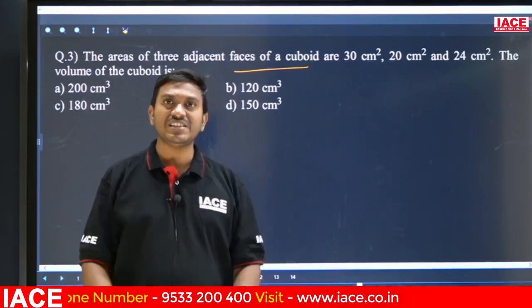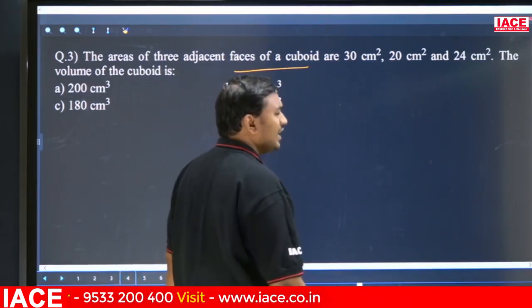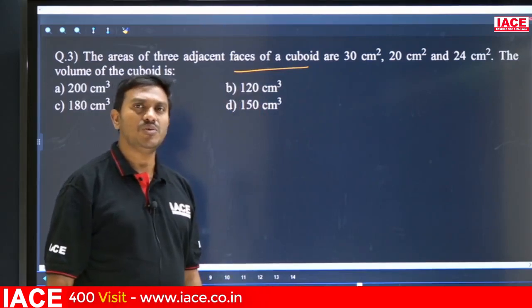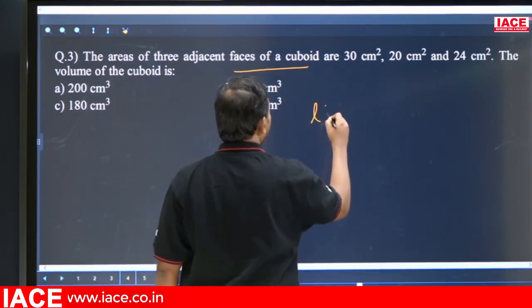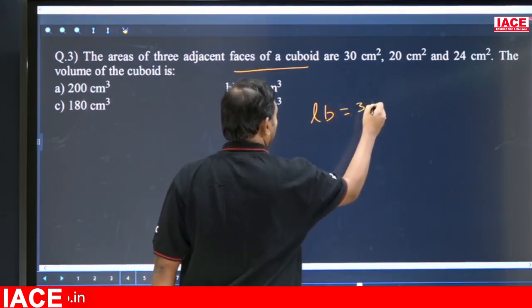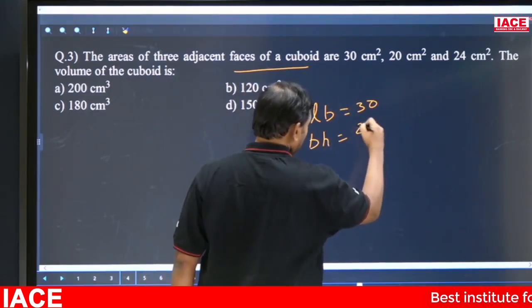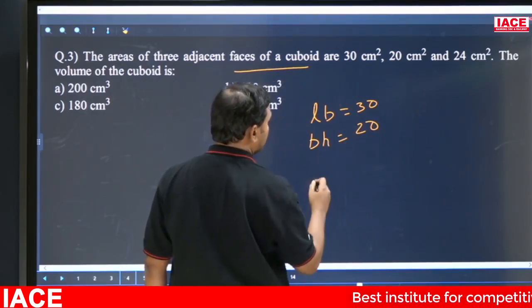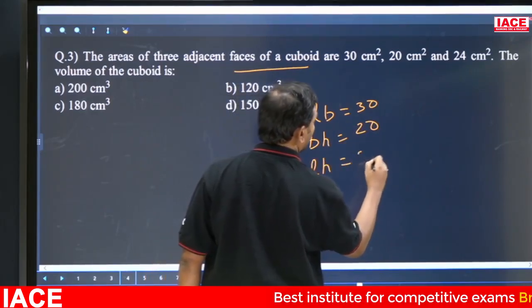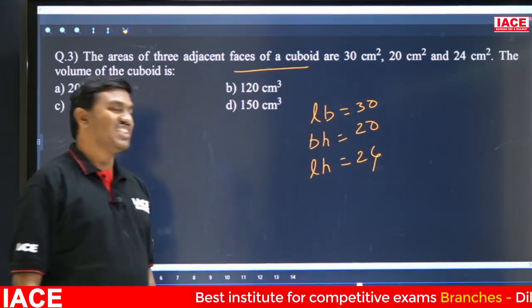What are the adjacent faces? One is LB, given as 30. Another adjacent face is BH, given as 20. The third adjacent face is LH, given as 24.